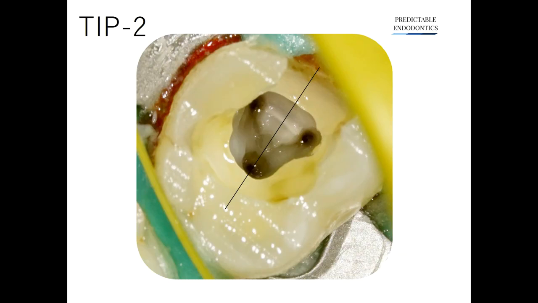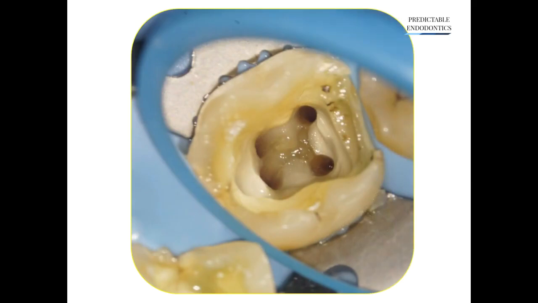If this line passes through the one distal canal you have located, it is most likely a 3-canal anatomy. And again, if this imaginary line passes alongside the one canal which you have located, you might have to go and look for an extra distal canal.